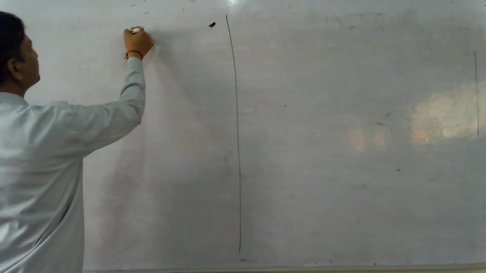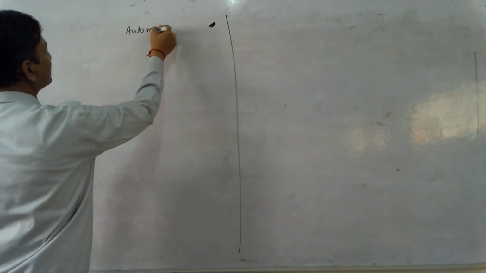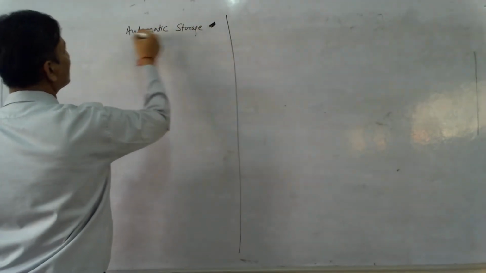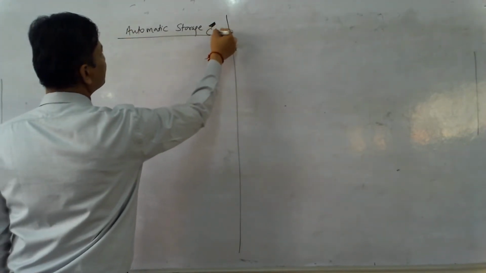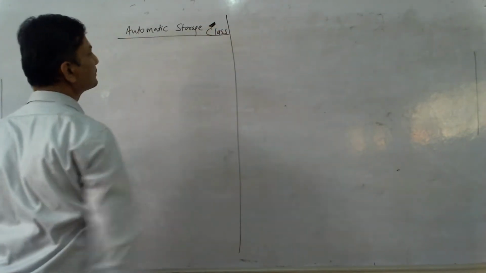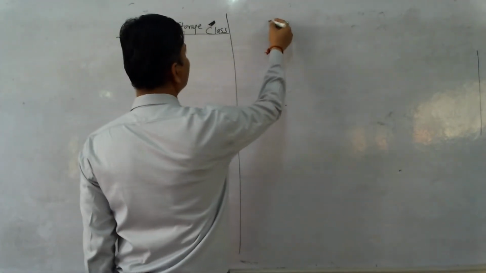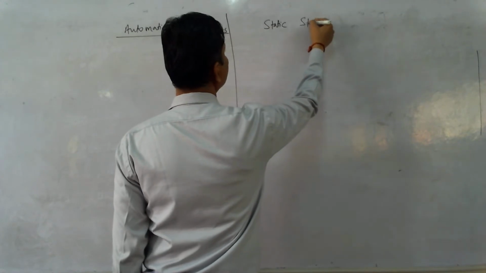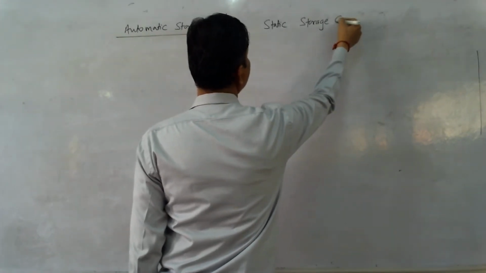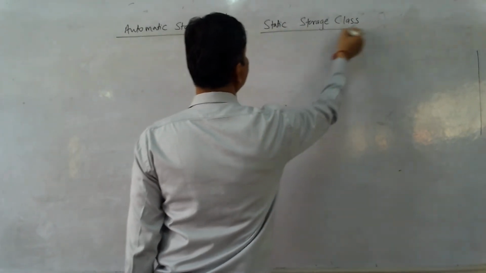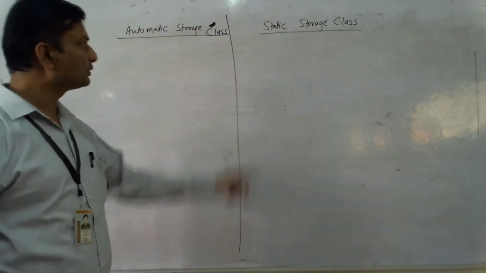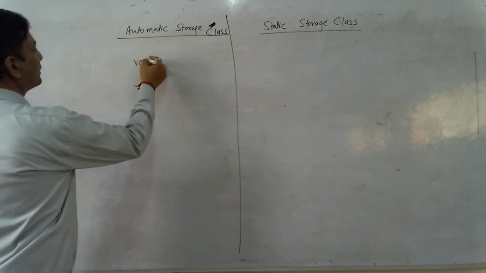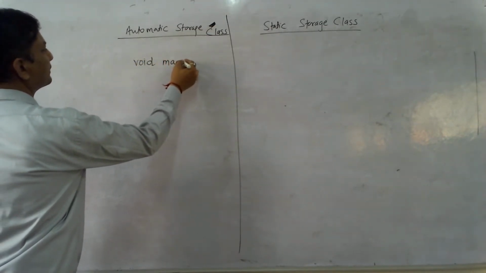First of all, I am going to write an example of automatic storage class, and later on I will write the same example, but in that example the variable will belong to static storage class. So let me write void main.